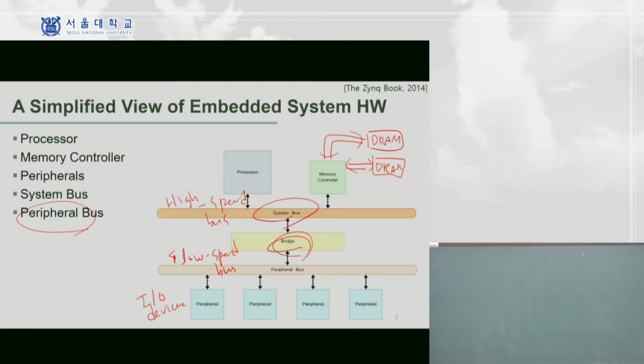So the problem is if one of these modules blocks the slow bus because it can take a long time to process the request, then the high-speed request will be blocked for a long time, right? So to prevent that kind of blocking from happening, we separate the high-speed bus and the low-speed bus, and then we connect them using a bridge. Okay, that's a very typical, common design pattern.